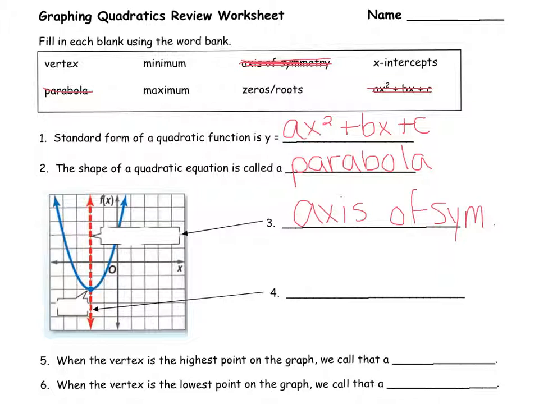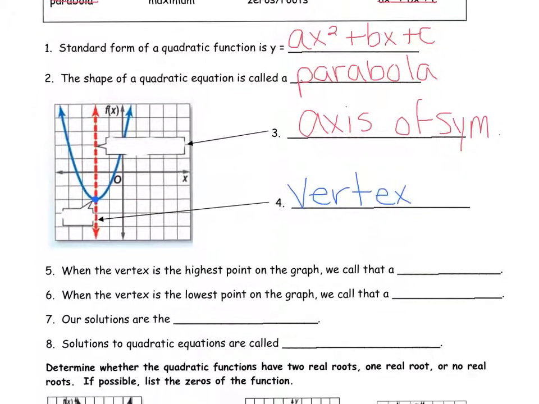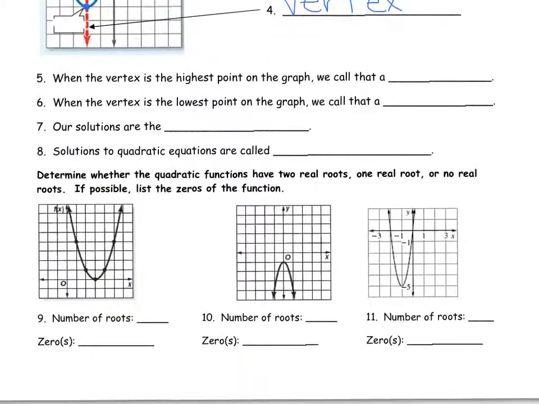And then we have number 4. We have this arrow pointing right here to that point, and that is our vertex. All right, let's slide up a little bit.